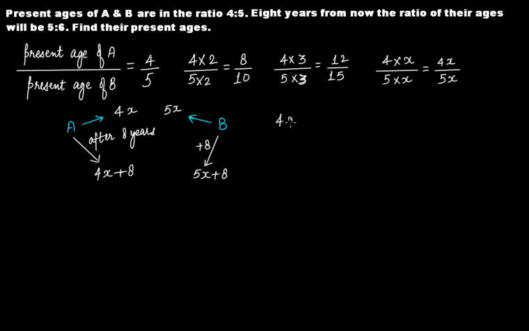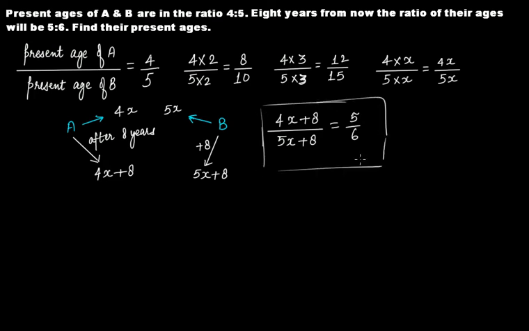Now (4x plus 8) divided by (5x plus 8) is actually equal to 5:6. That's given here. 8 years from now, the ratio of their ages will be 5:6. Find their present ages. Now, you can see that you have this equation and we have learned how to solve it.